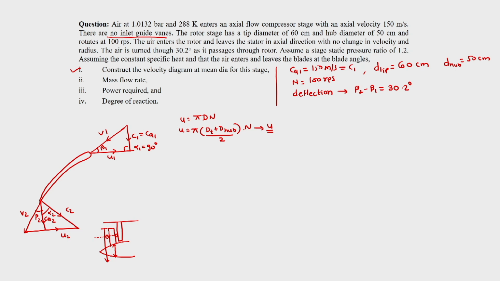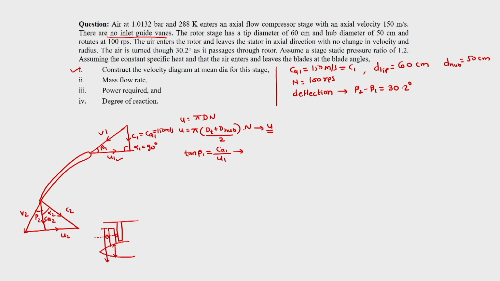Knowing U, we can find beta 1. We know U, and we know C1, which is CA1, 150 meter per second. So tan of beta 1 is equal to CA1 upon U1.